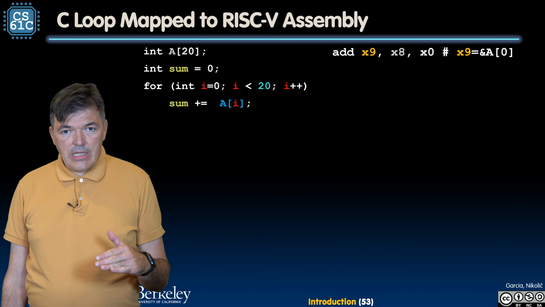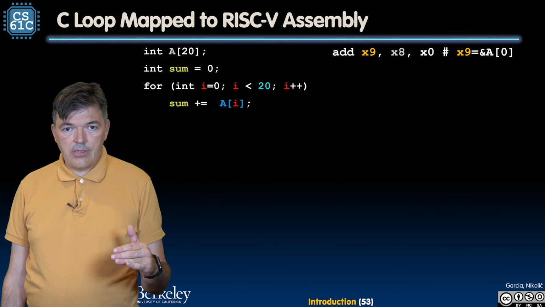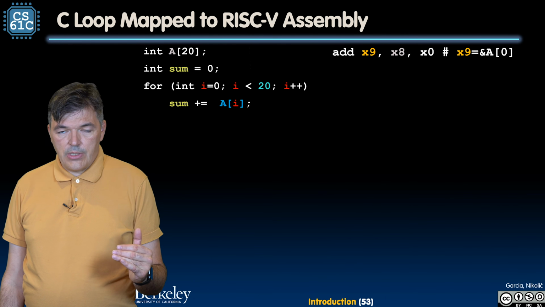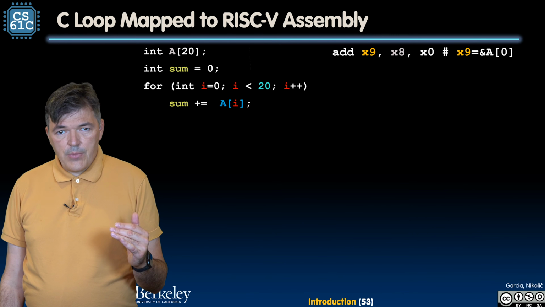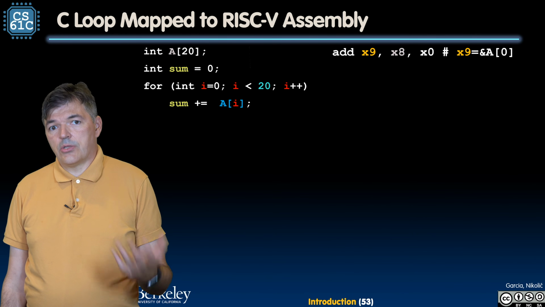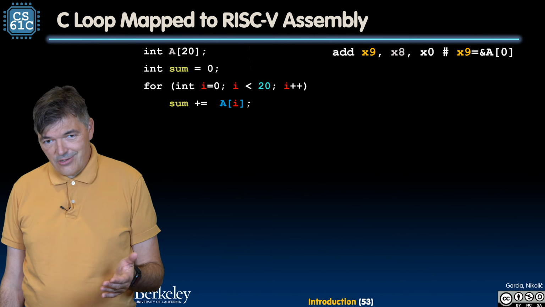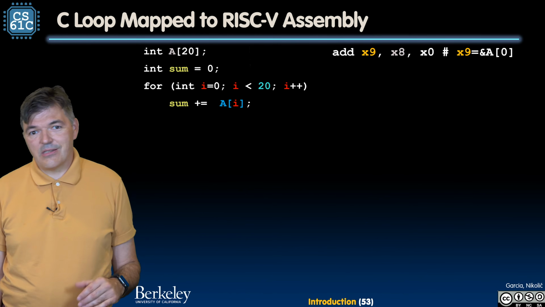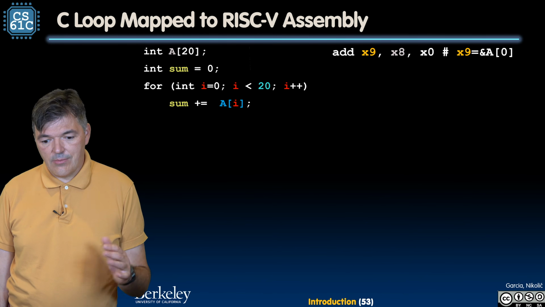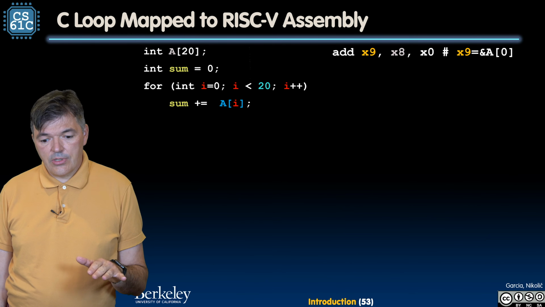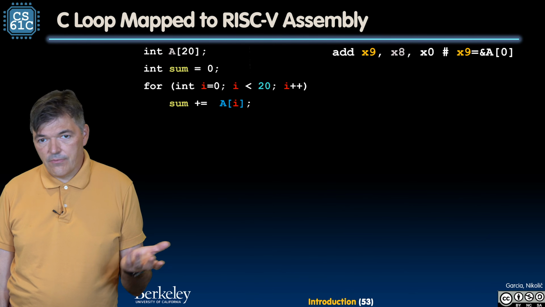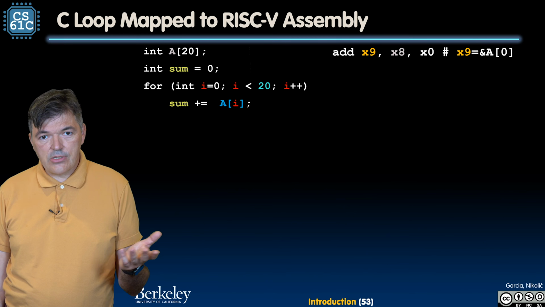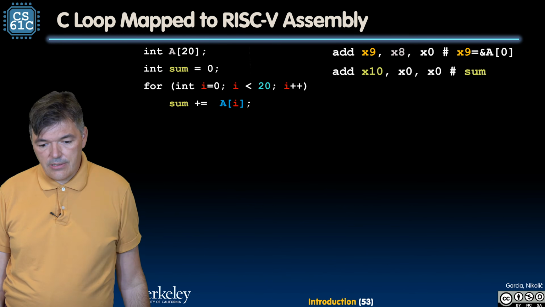So first, we'll take the pointer to the first element in the array, a0, and copy it to register 8, because we're going to be changing it and we do not want to destroy it. That's another good practice that we would like to use in assembly. We don't want to destroy the starting content of that register, because we may need it later.